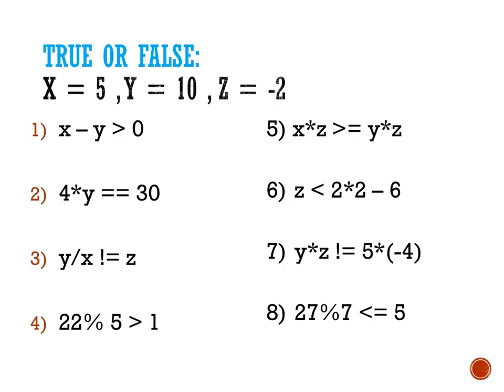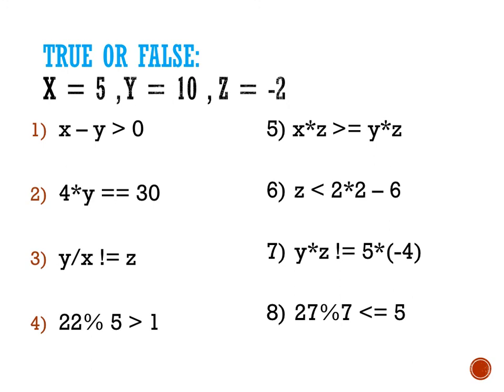So what I would like you to do on this slide is take the time to use the values of x, y, and z given above, and tell me whether or not these 8 statements will result in a statement that is true or will result in a statement that is in fact false. So work slowly through these, use your order of operations, double check those relational operators, keep in mind what the modulus sign means because you can see that in there.